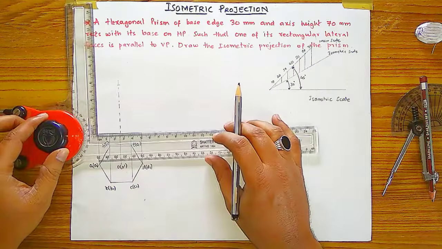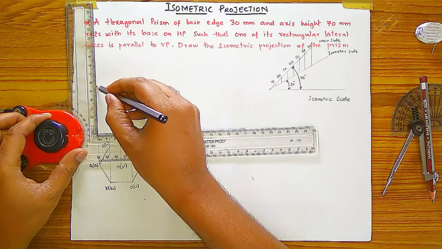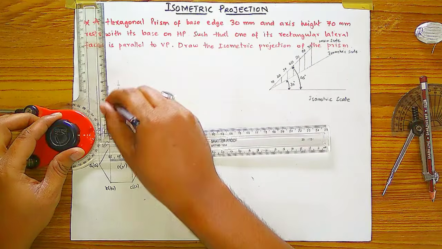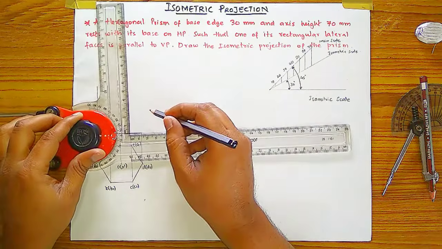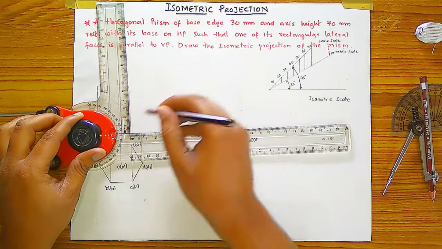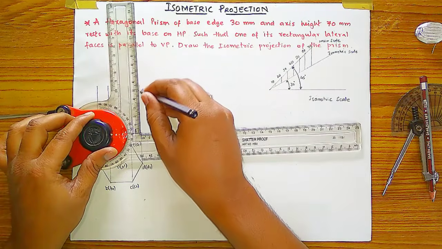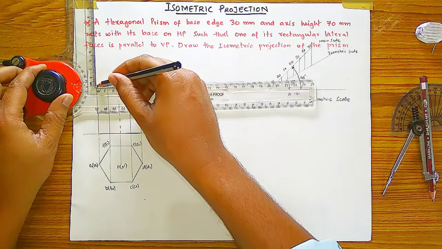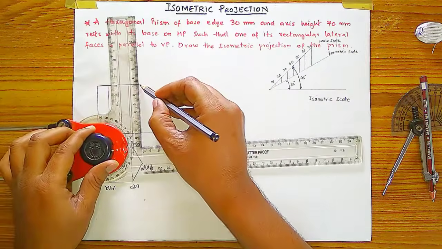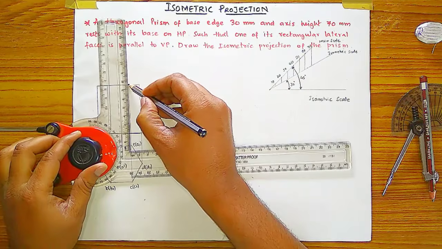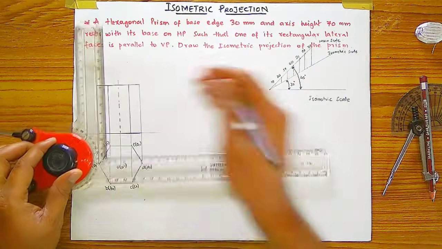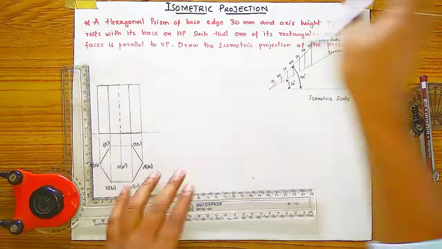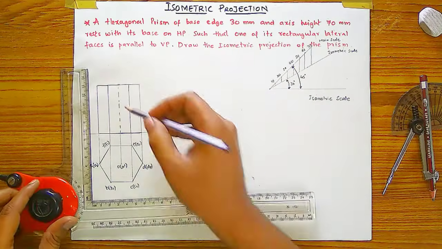Then draw from here the lateral edges of the prism till that height. So till that height I have drawn the prism like this. Then the remaining axis line you have adjusted, you can rub it, and this is the prism, the hexagonal prism.